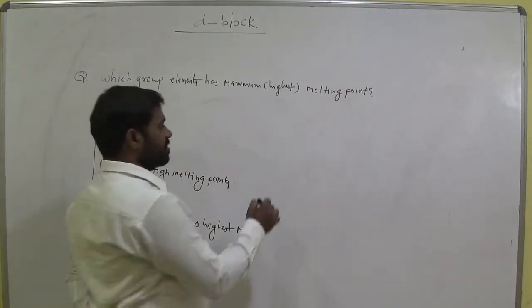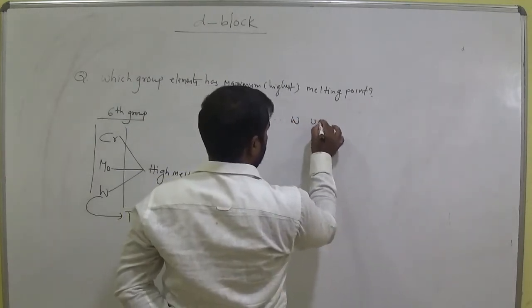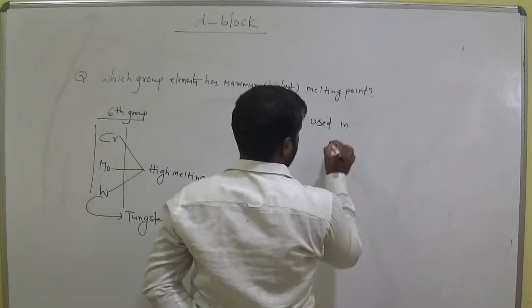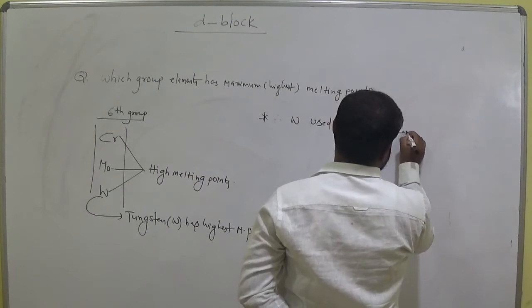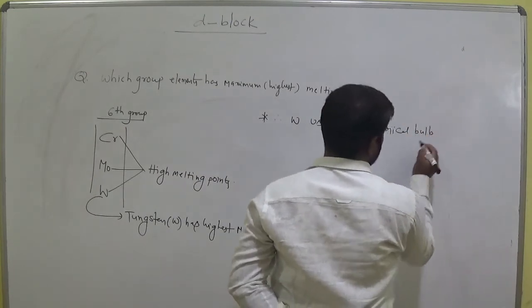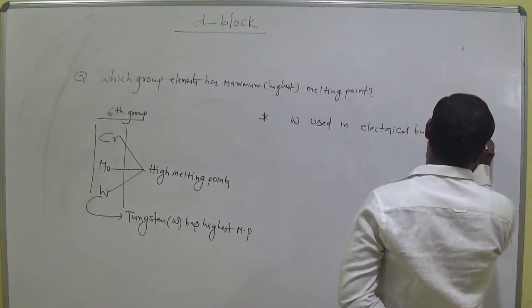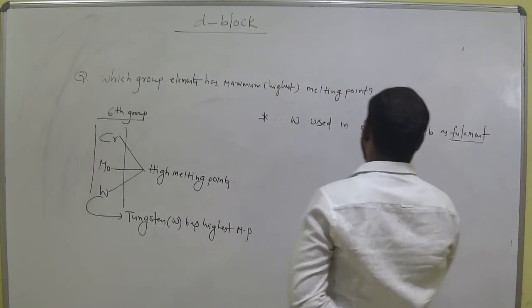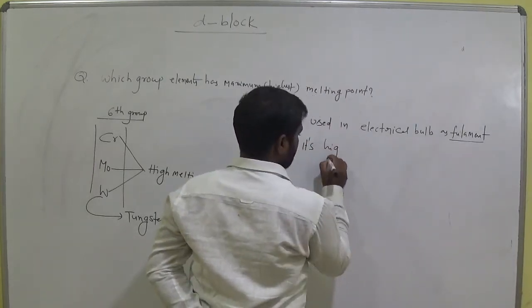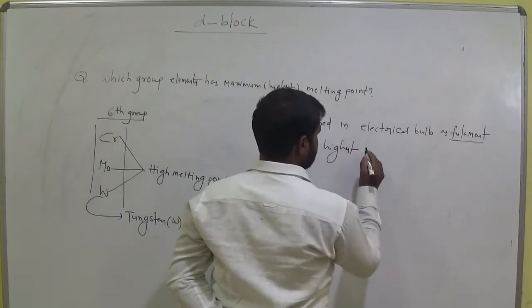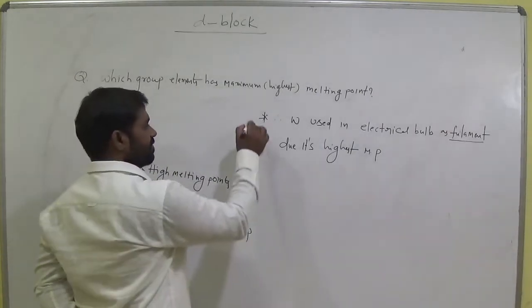Therefore tungsten is used in electrical bulbs as filament due to its highest melting point.